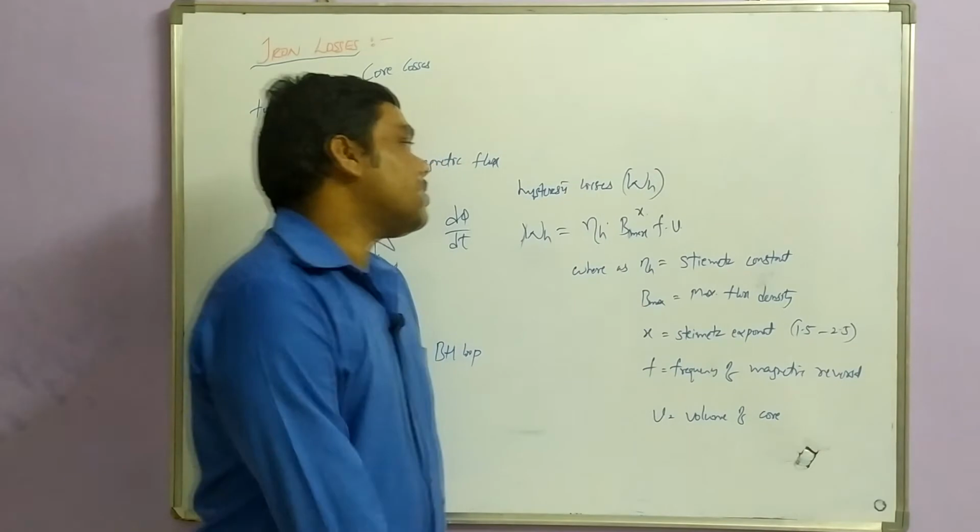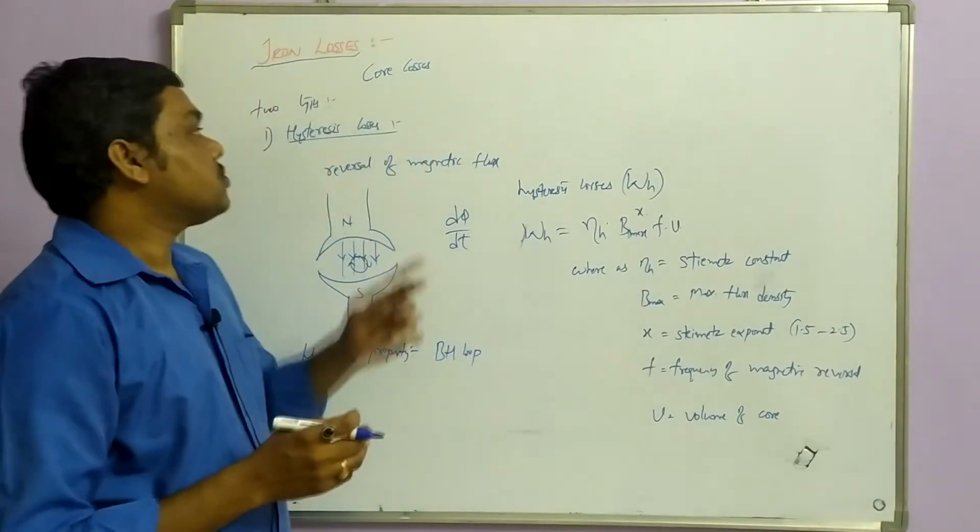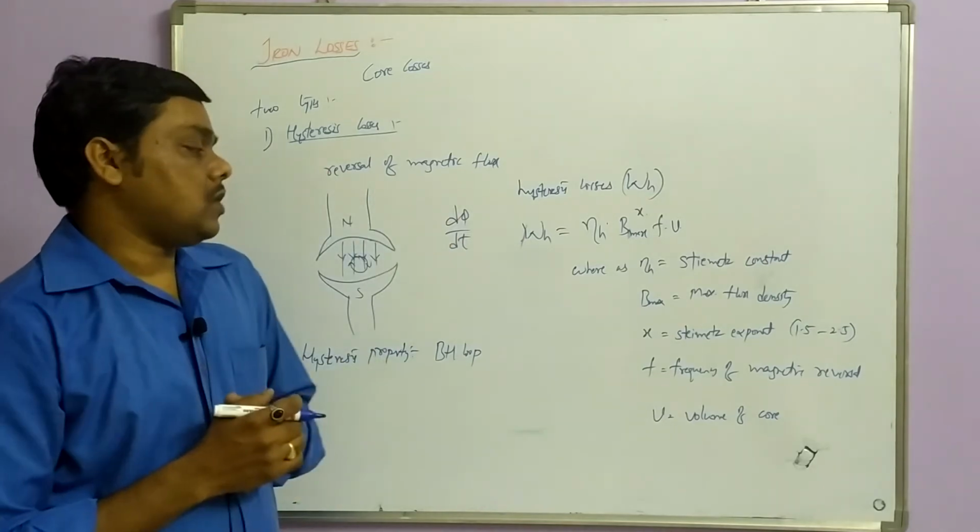We can call it the volume of the core where hysteresis losses are occurring. That's why you can call it core losses.